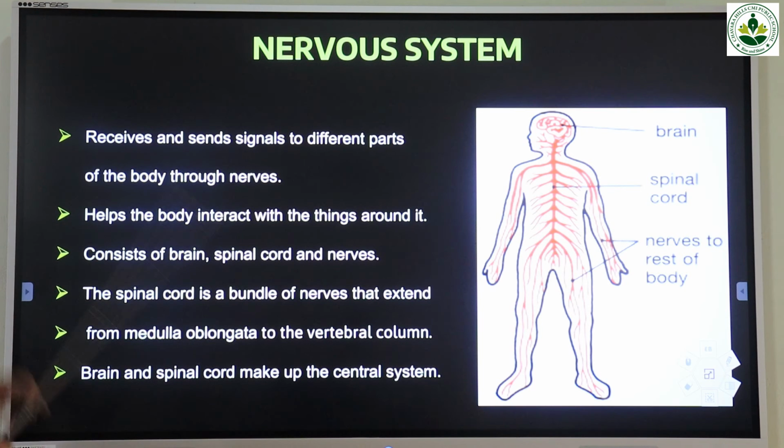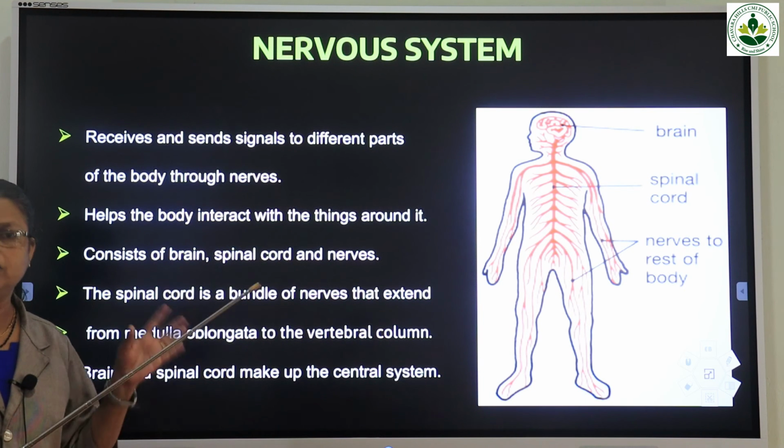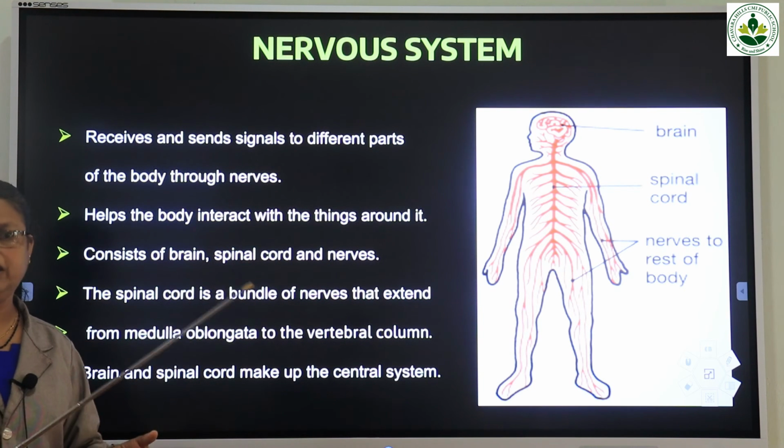So, the nervous system receives and sends signals to different parts of the body through nerves. When the brain sends signals or messages or instructions, they are carried through the spinal cord and nerves, and reach the body parts. According to that we react.